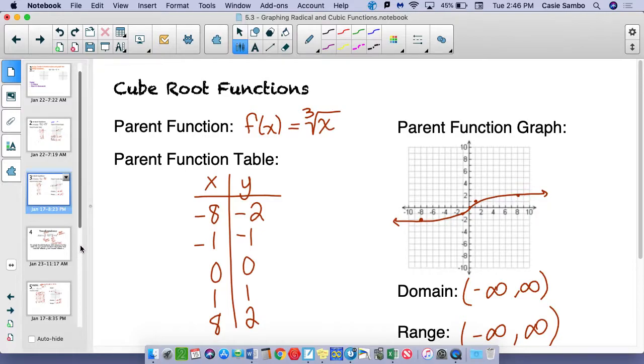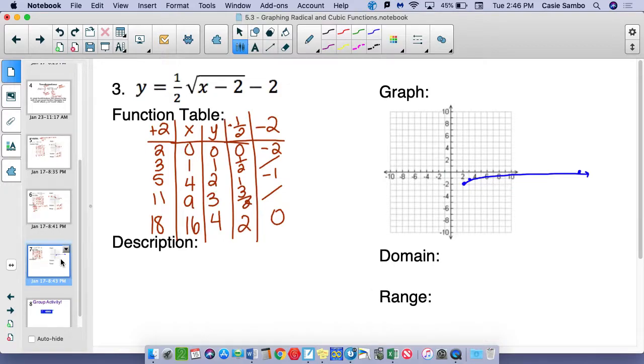Okay? So, with this square root function, the domain, where our x values start, they start at +2, and you can touch it, and they continue forever. Our range begins at -2, and again continues forever.